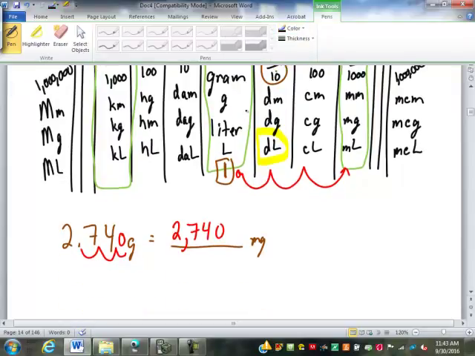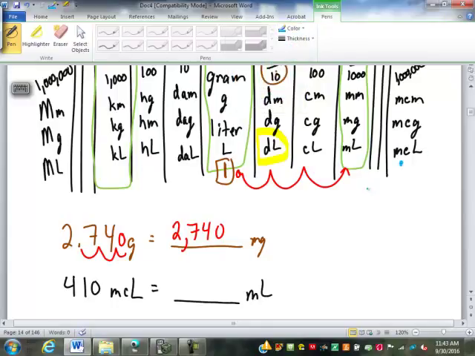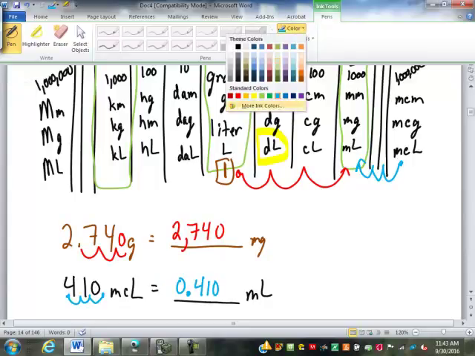If I have 410 microliters, and I want to know how much that is in milliliters, well, I can look up here, microliters to milliliters. That's why I left those blank spots in there. It's 1, 2, 3 spots to the left. My decimal point goes from here, 1, 2, 3 spots to the left. 0.410 milliliters.